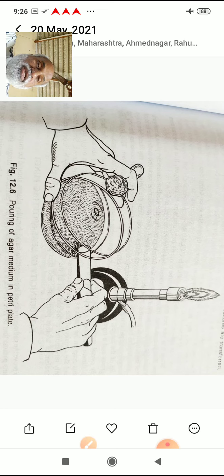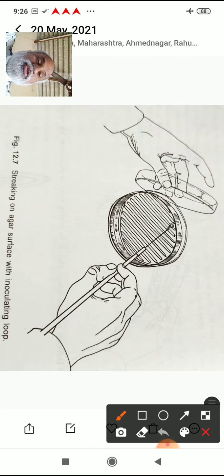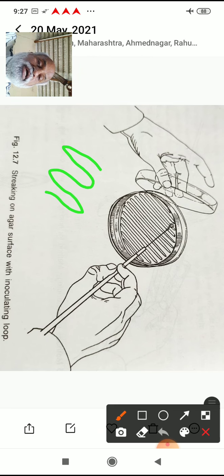Then here you can see one of the methods of pure culture, that is streaking, how streaking is done with the help of an inoculation needle. Such streaks in zigzag form are done on the surface of the agar poured in the petri plate.